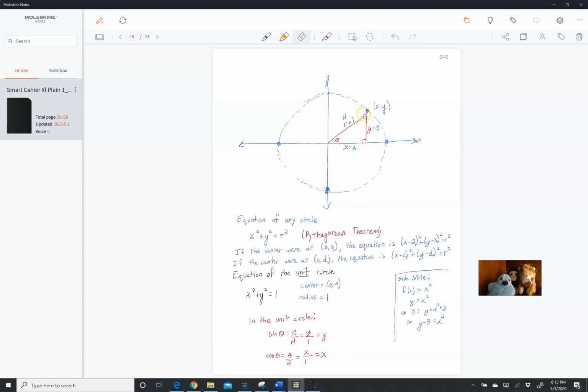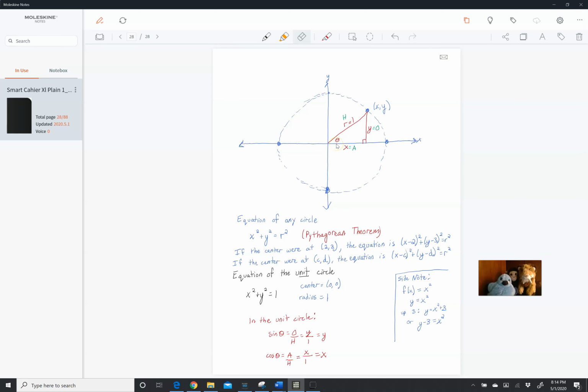We take any point x comma y on the unit circle, and we create this right triangle where the horizontal distance is x. If we wanted to get to this point here from the origin, we go over x and we go up y. So that means that we have x squared plus y squared is equal to 1. That's the Pythagorean theorem. Then we can also find the sine and the cosine of this angle here.